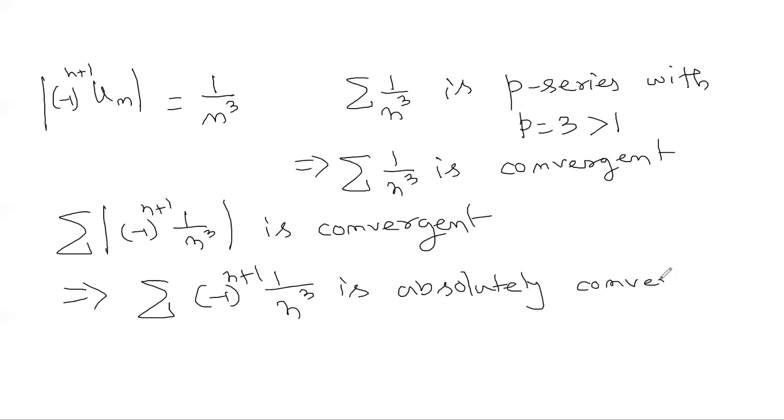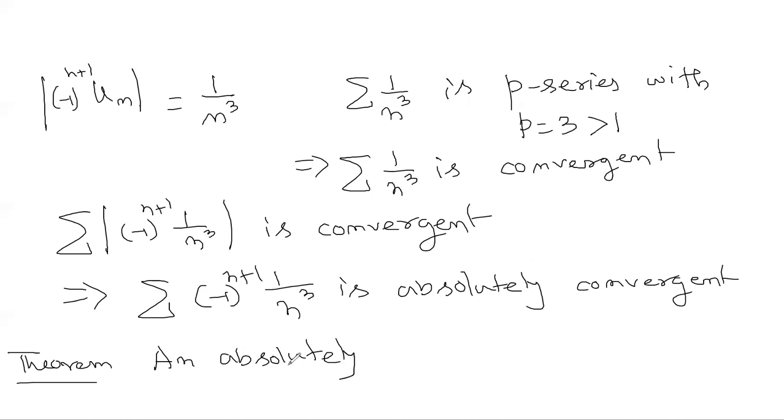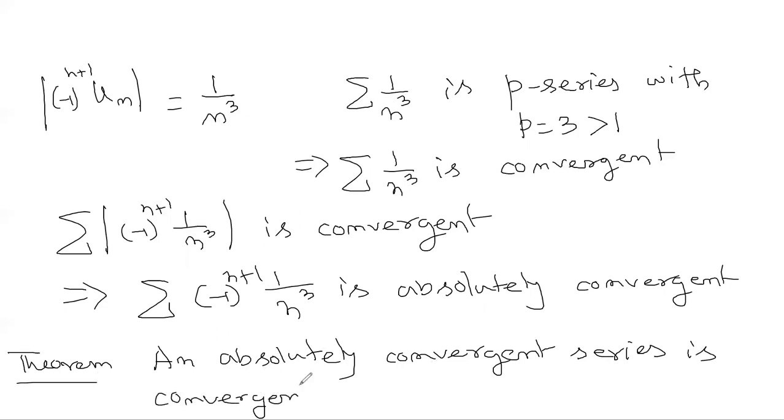And there is a theorem. Let me write the theorem. An absolutely convergent series is convergent. Using Cauchy's criterion, the necessary and sufficient condition of convergence, we can prove this theorem. So if a series is absolutely convergent, then it is always convergent.